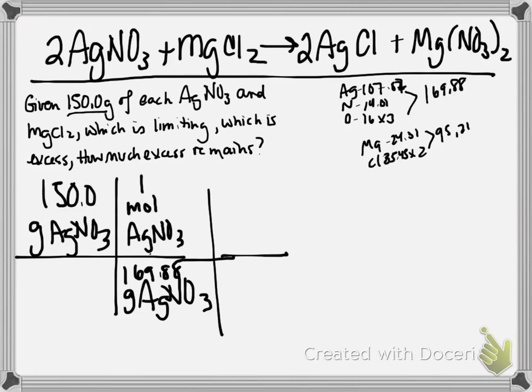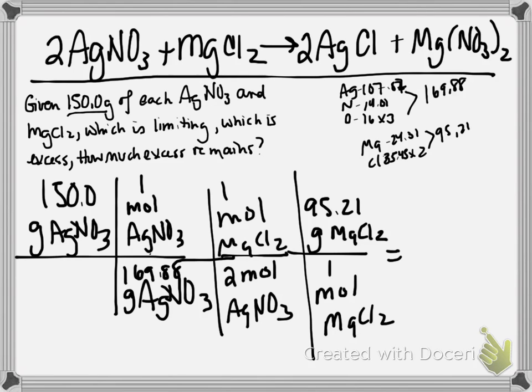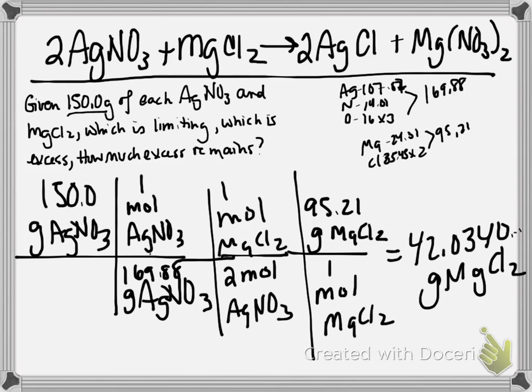And in this case, we know that for every 2 moles of silver nitrate that we react, we can react 1 mole of magnesium chloride. Now we've climbed down through the valley of the moles. We just got to get back up to the highlands of mass. Okay, we got a number. We got a number yet? Okay, so we've got a raw answer. Awesome. 42.0340 grams of magnesium chloride. Good. What does that mean?